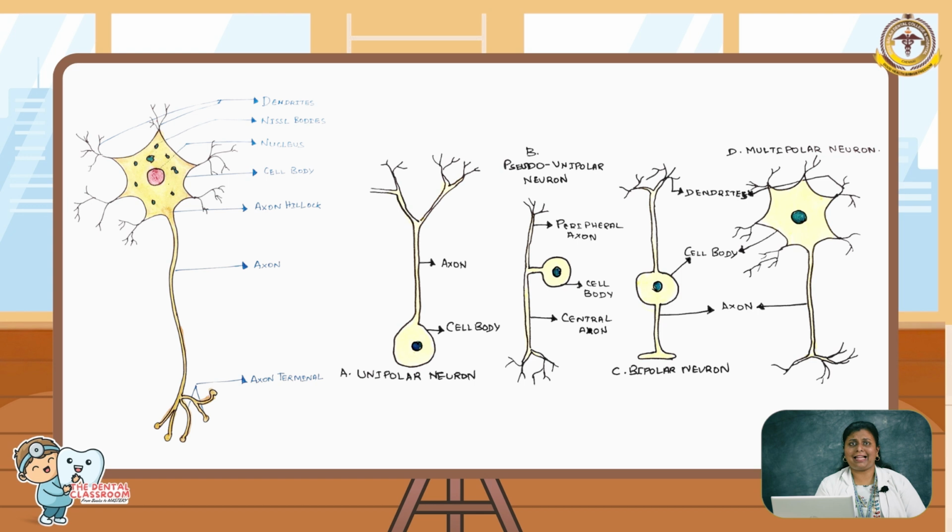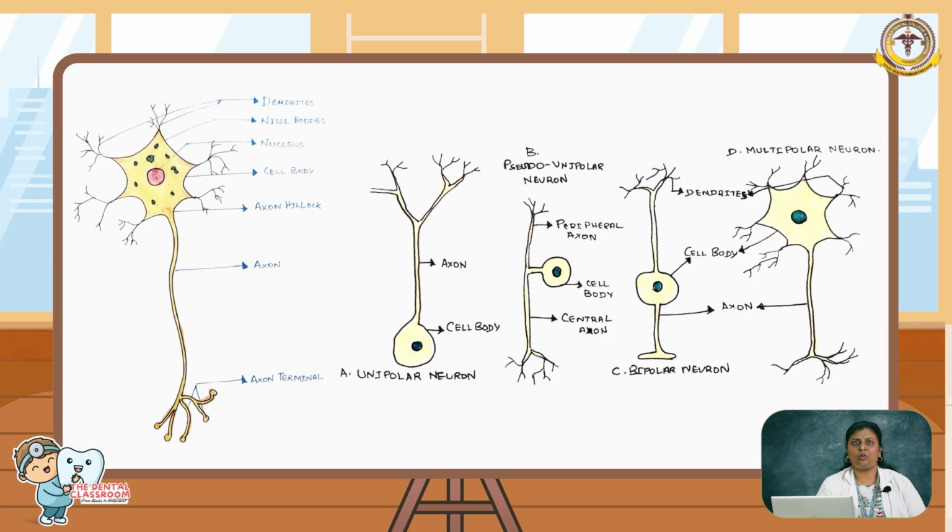The neuron is classified into different types in the form of structural classification. According to structure, it is classified as unipolar neurons, pseudo-unipolar neurons, bipolar neurons and multipolar neurons. What is this all about? A pseudo-unipolar neuron has one axon but extended branches on either side, that is why it is called pseudo-unipolar.